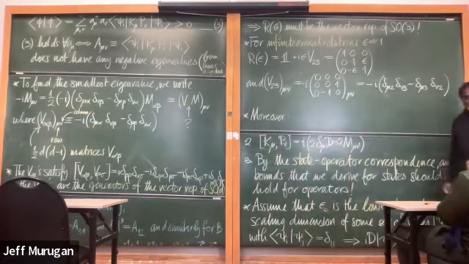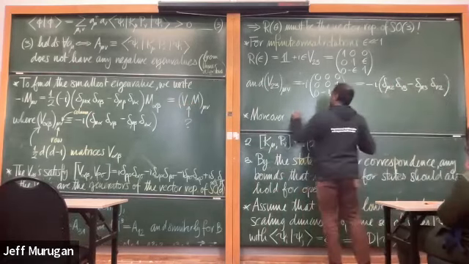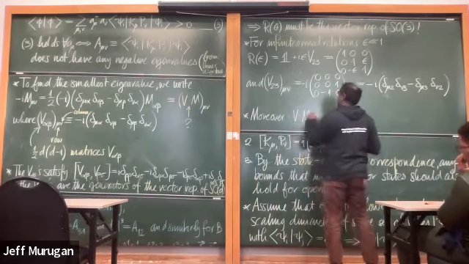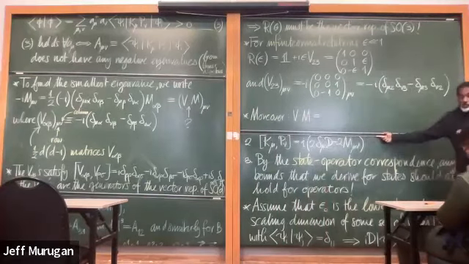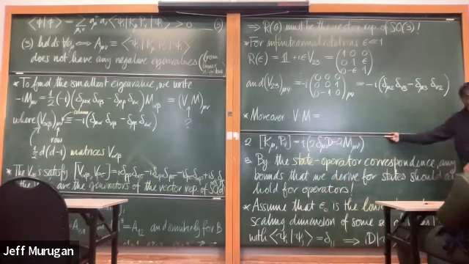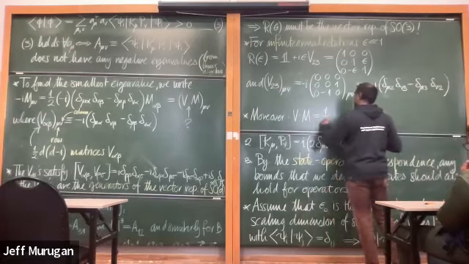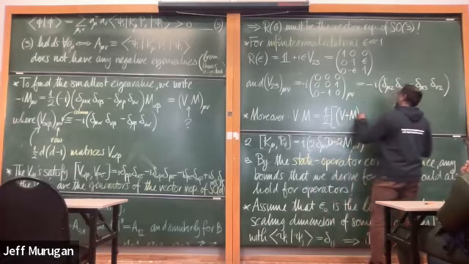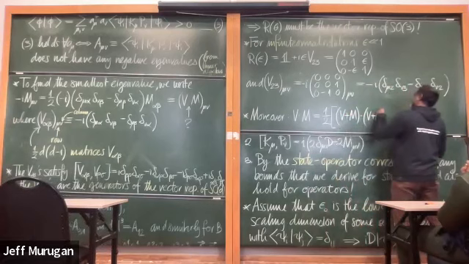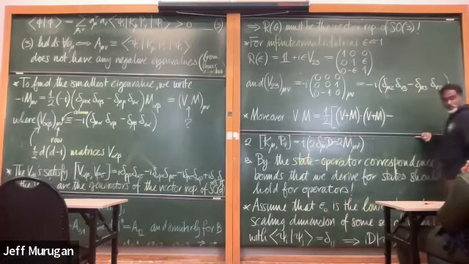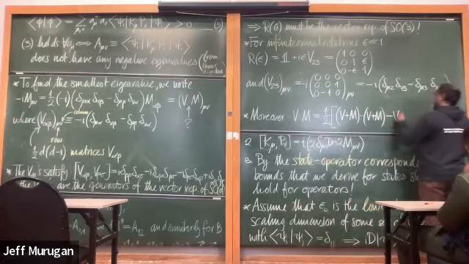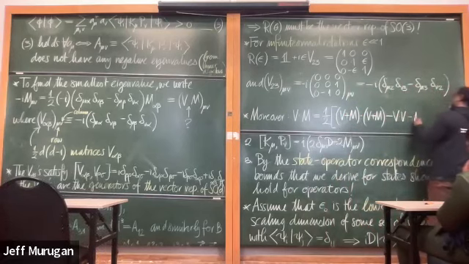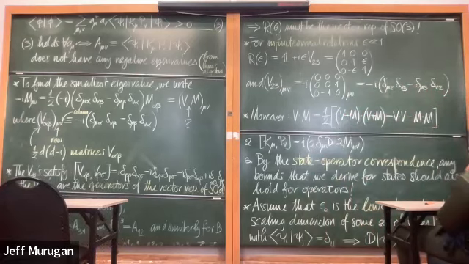In particular, the dot product V dot M, just using the properties of dot products that you're familiar with from high school already, is just V plus M dot V plus M minus V dot V minus M dot M.